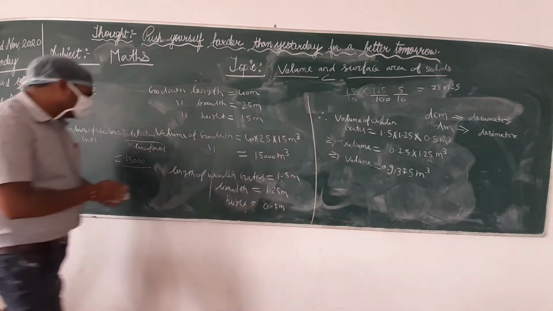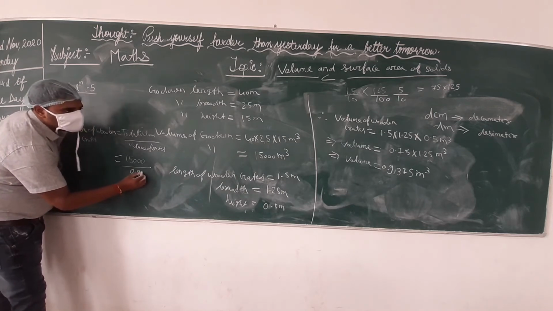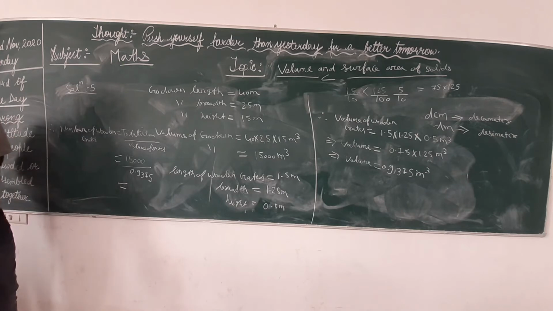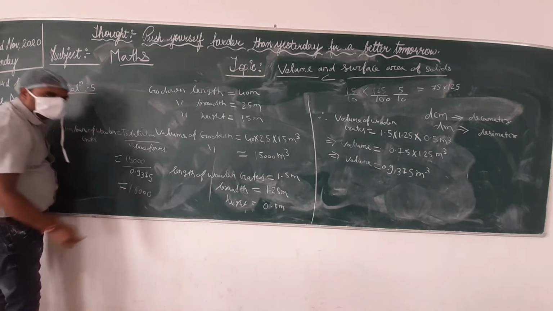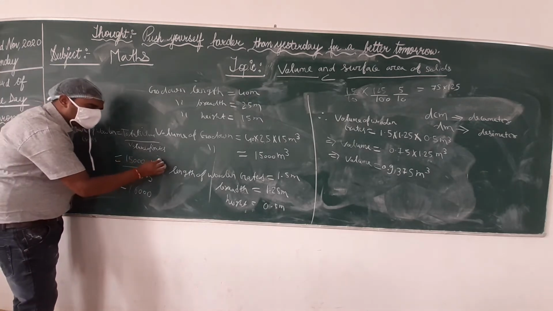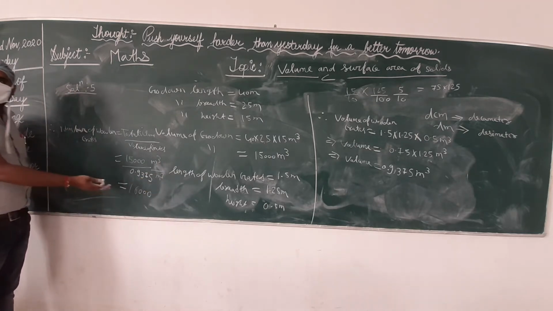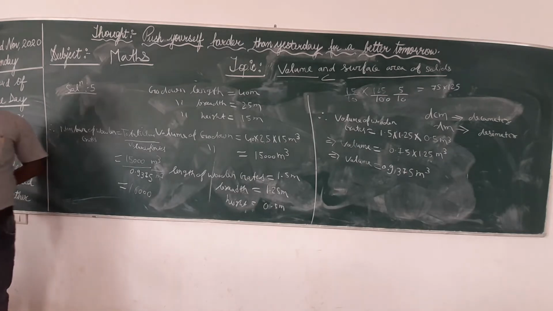It means 15,000 divided by 0.9375. This will be equal to 16,000 only. You don't take meter cube; meter cube and meter cube cancel. It means in total how many crates you have to put? 16,000. Okay.